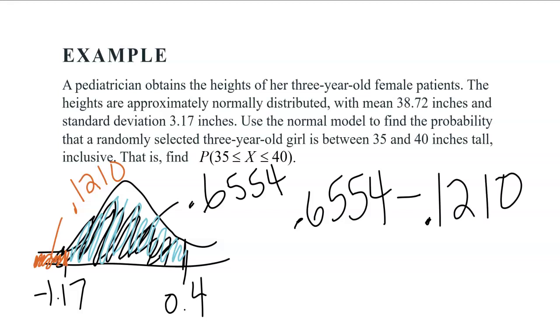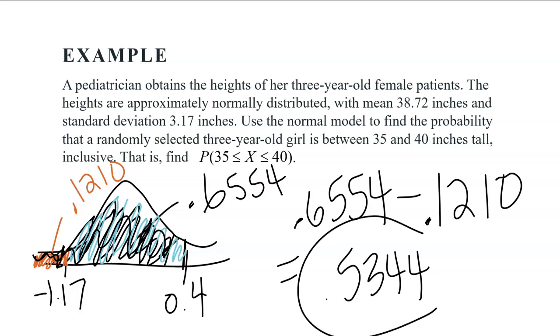So that means I'm taking this big area here and subtracting this orange area from it, and that's going to give me the blue area. And when I subtract that out, I get a total of 0.5344. And so that would be the probability that a randomly selected 3-year-old girl is between 35 and 40 inches tall, the 0.5344.